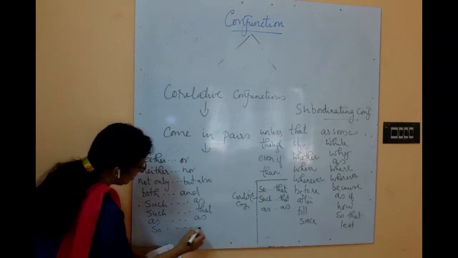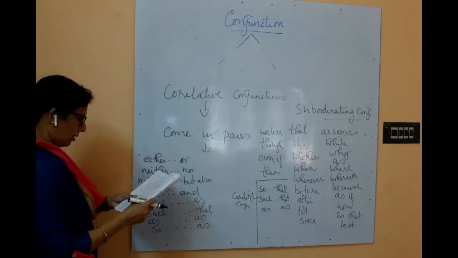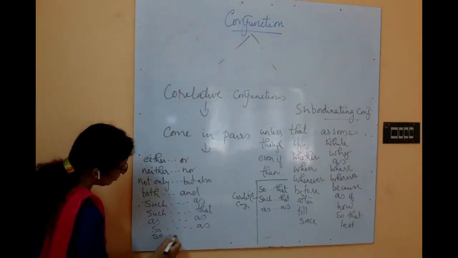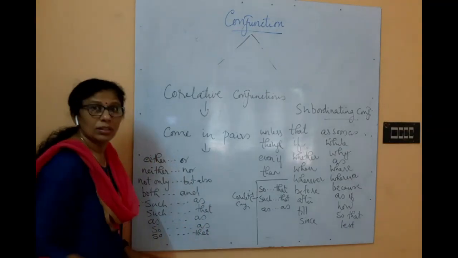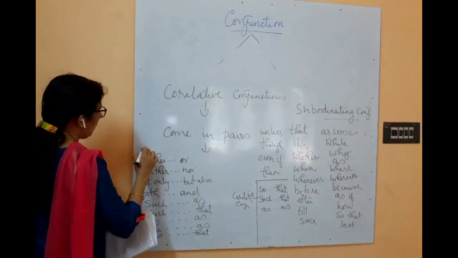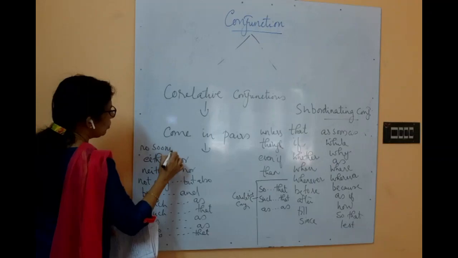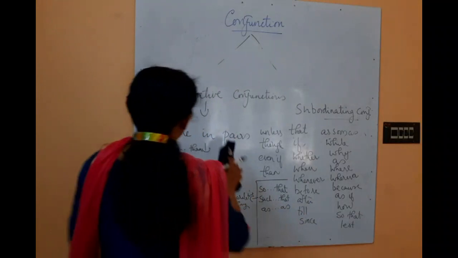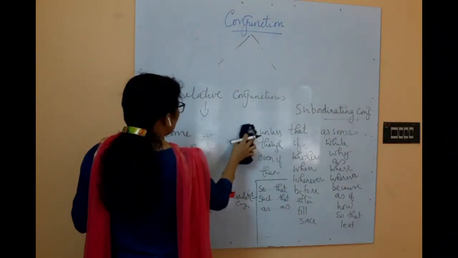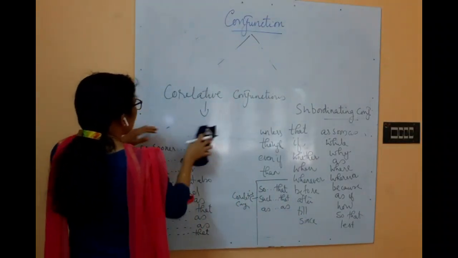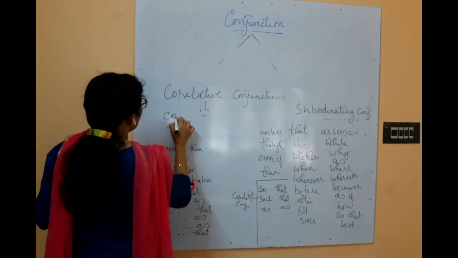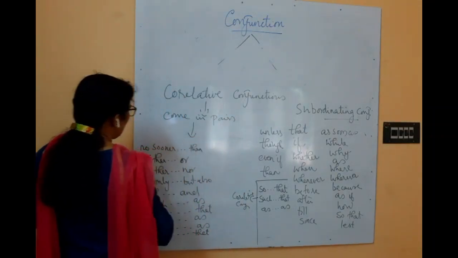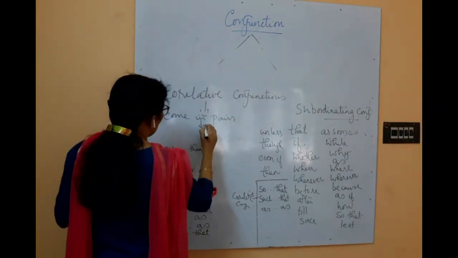as, so as, then so that, we will write so that, then no sooner than. Okay, arrow should be short.